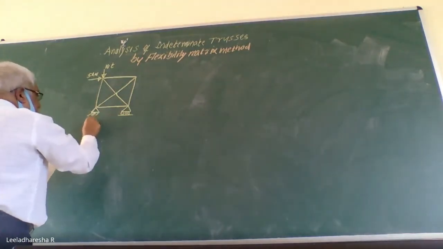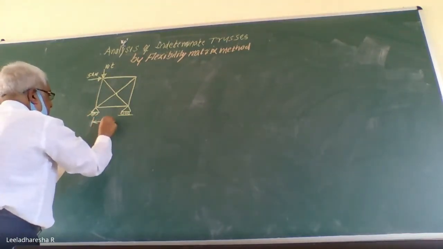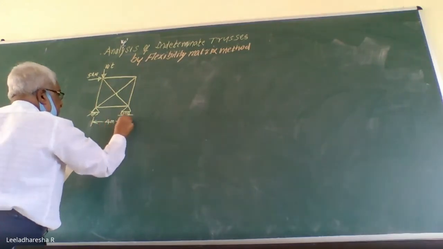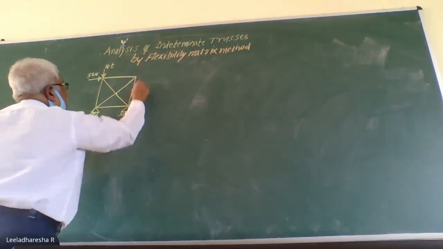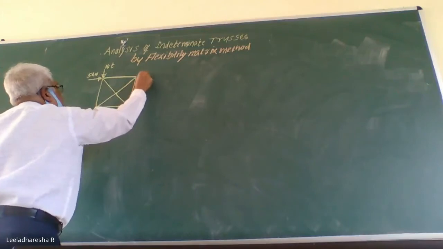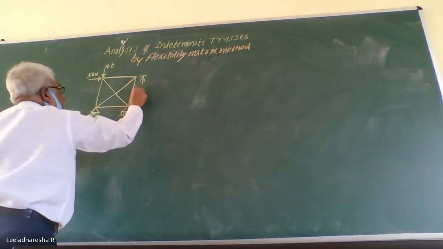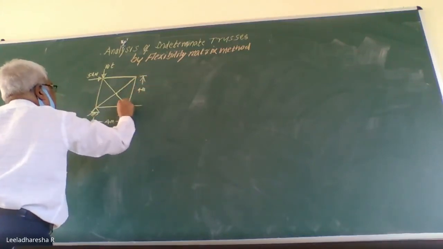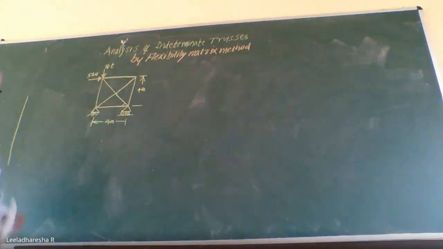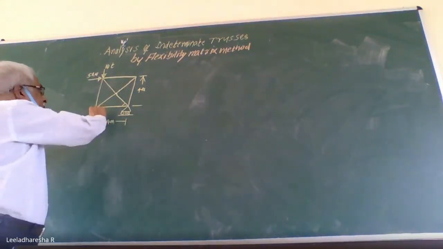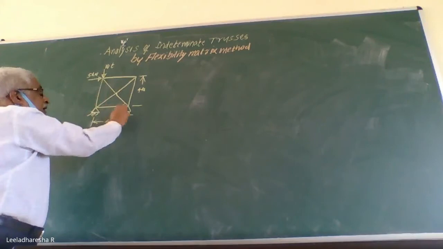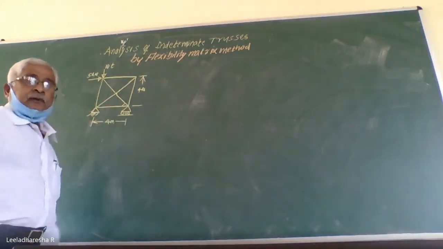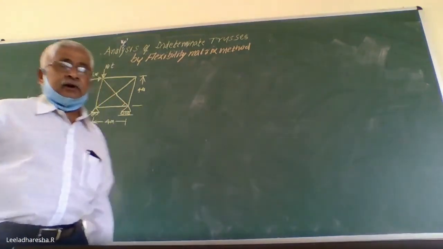Length of the bottom members is 4 meter, and height of the member is once again 4 meter. So this angle happens to be 45 degrees, that is tan inverse of opposite side by adjacent side, 4 by 4, which gives 45 degrees.